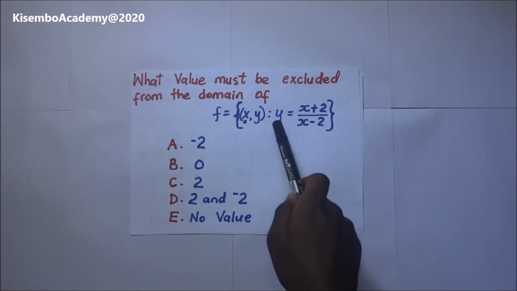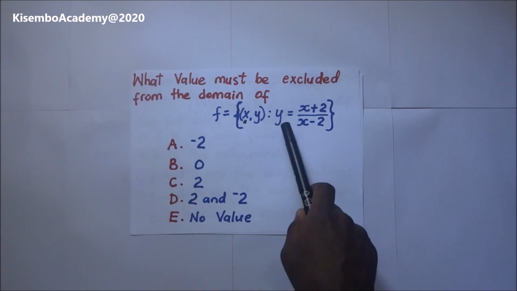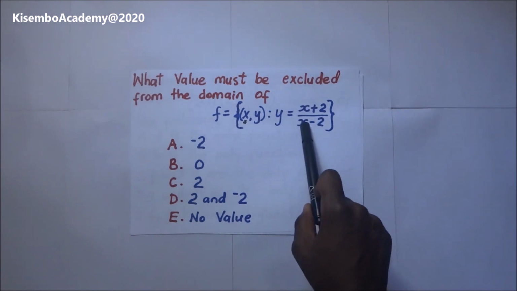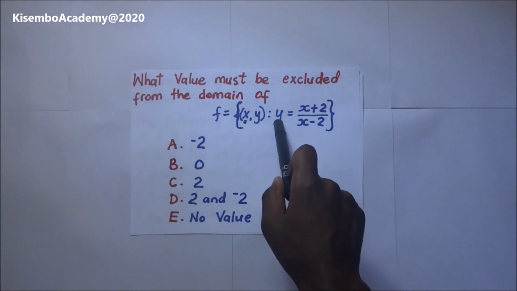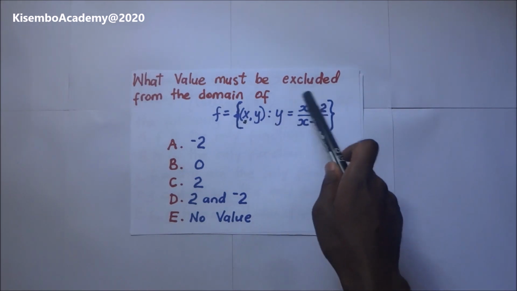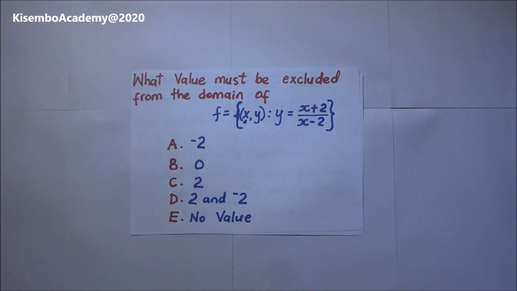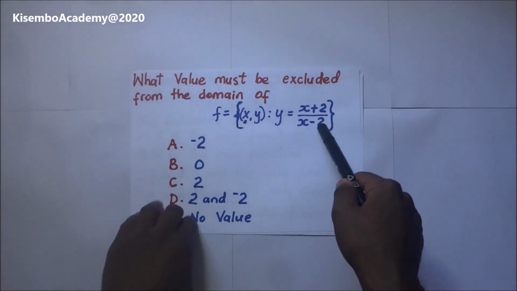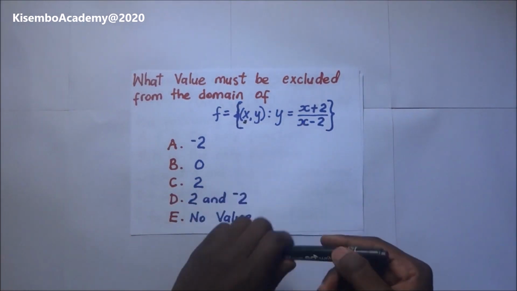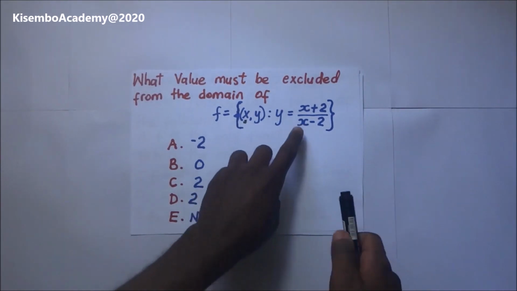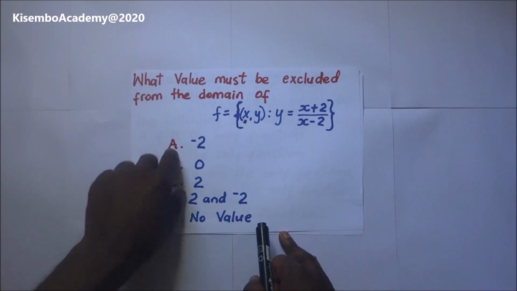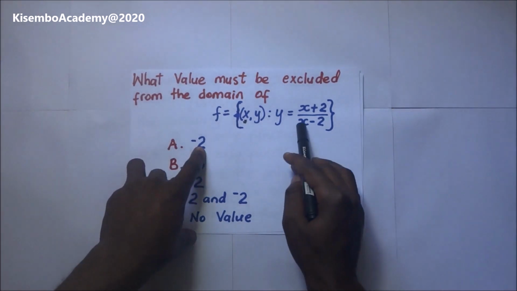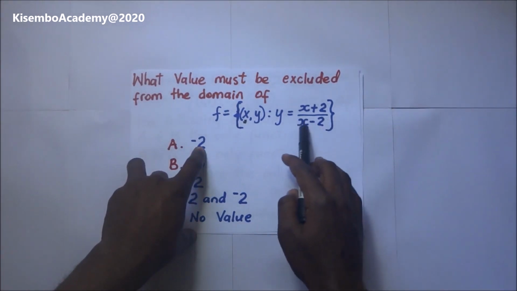So now it means that the value of x that we are going to feed in here is supposed to be such that it produces a value of y that is a real number. If you look at this expression, y is equal to (x + 2) divided by (x - 2). Let's say, if you look at part A, negative 2, if we put negative 2 here, it's going to give us negative 4 in the denominator.